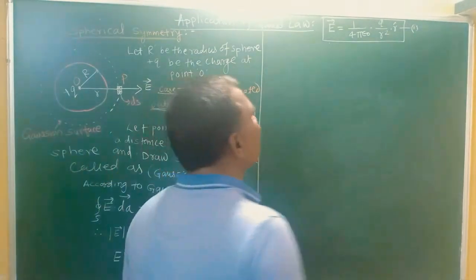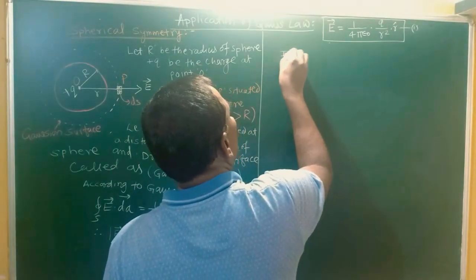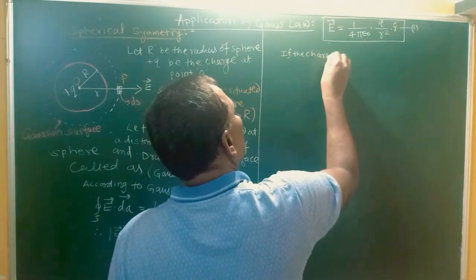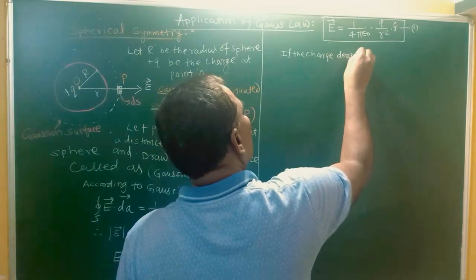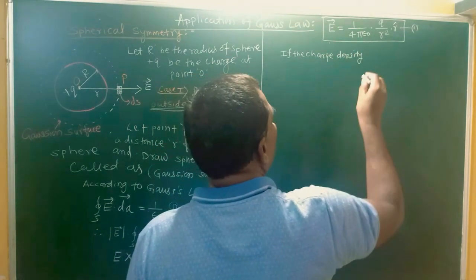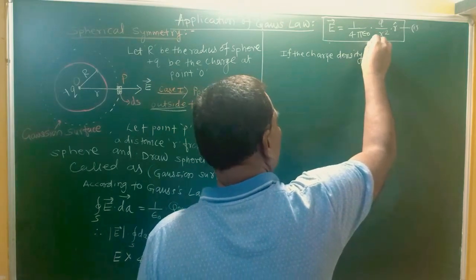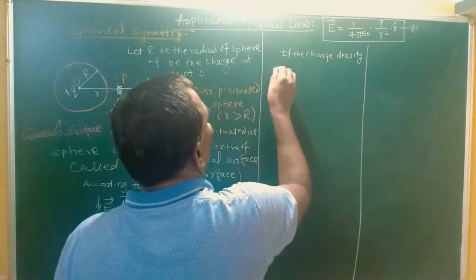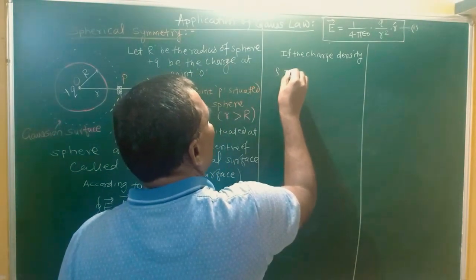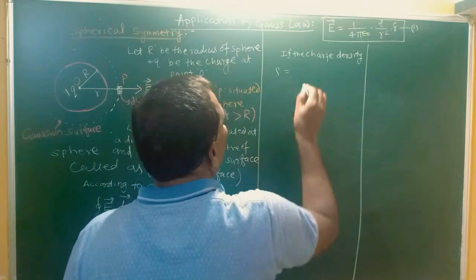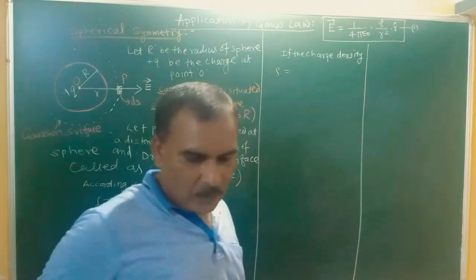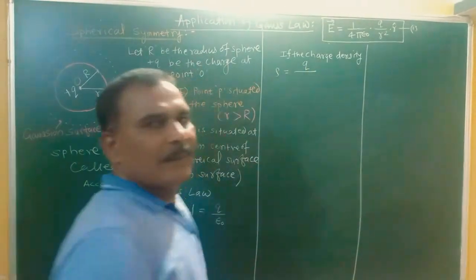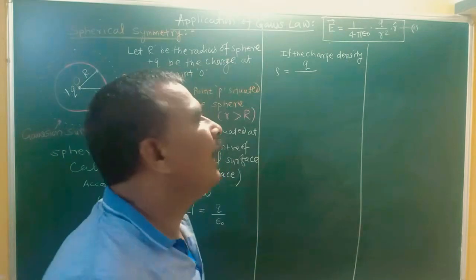If the charge density is given, what is the charge density we have to consider here? Charge density is rho, which is the charge per unit volume, where the charge is denoted by Q. And what is the volume of a sphere? The volume of a sphere is 4 by 3 pi r cube.